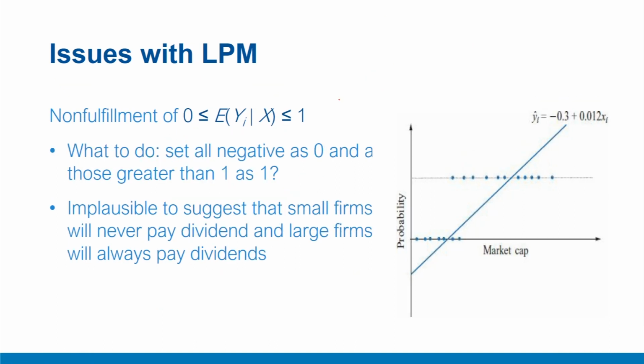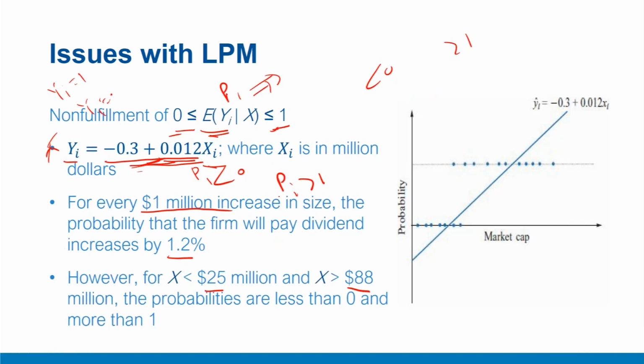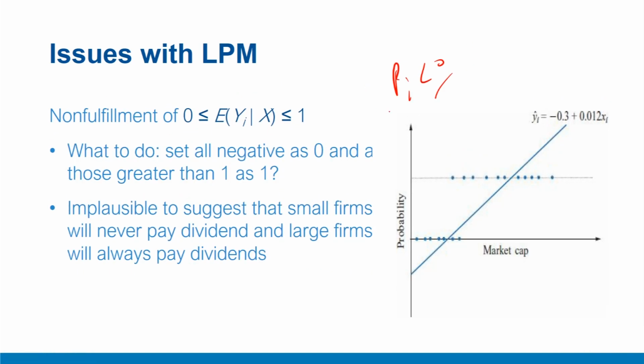Why so? Because a probability of less than 0 indicates that the small firms for which this probability comes out as less than 0, recall that number $25 million, that means these are rather small firms, will never pay dividends. And similarly, for all the large firms, pi greater than 1 indicates that they will always pay dividends.